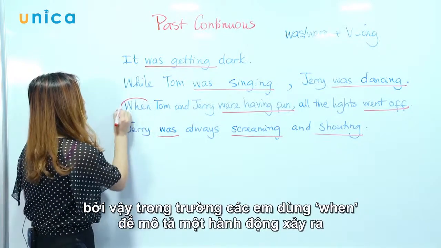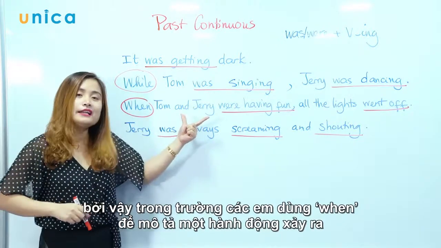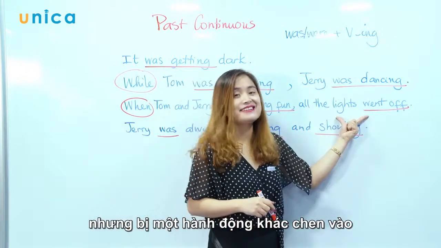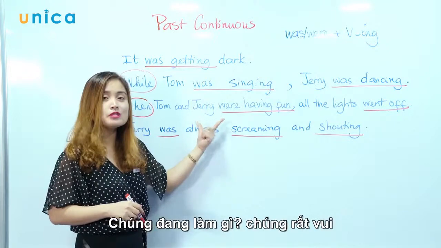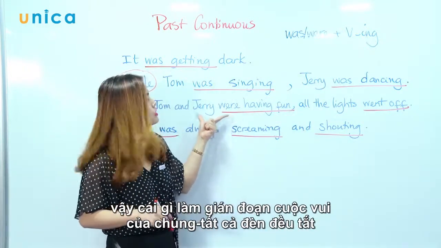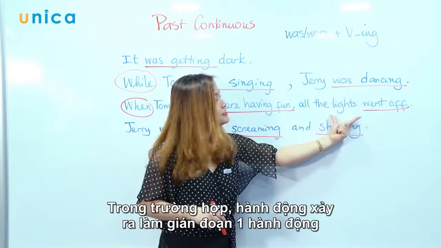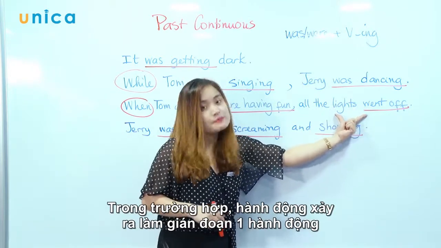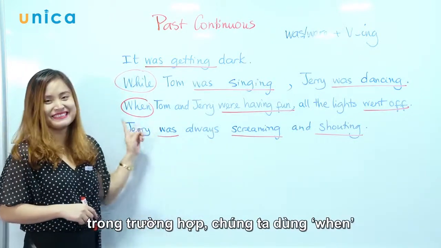So, in this case, you use when, to describe an action that was happening, but another action interrupted it. What were they doing? They were having fun. So what interrupted them while they were having fun? All the lights went off. So remember, this situation interrupted the action. All right? So in this case, we use when.